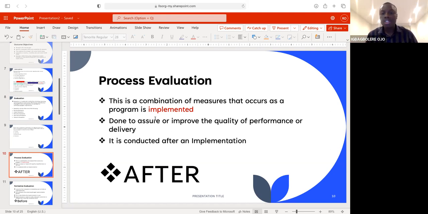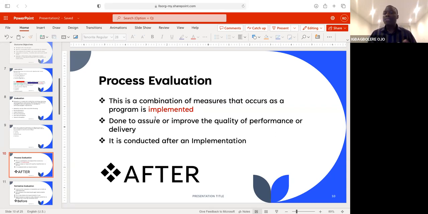Remember that an evaluation is what you do after the first phases of a program or intervention have been conducted. You can only evaluate what has been conducted, what has been done, what is in motion. An objective is not in motion. An evaluation only measures what is in motion. Let's get that out of the way.